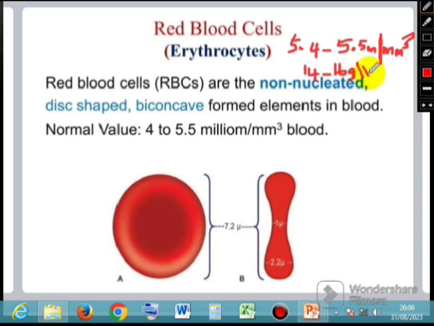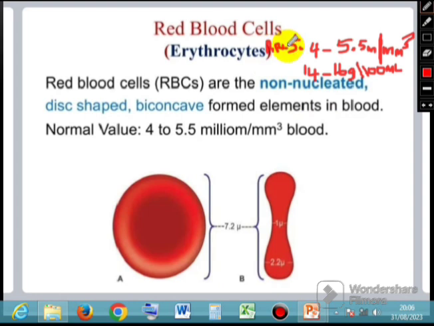I hope you are writing. So for a healthy adult male, the number of red blood cells is 5.4 to 5.5 million per cubic millimeter, with hemoglobin concentration of 14 to 16 grams per 100 ml of blood.